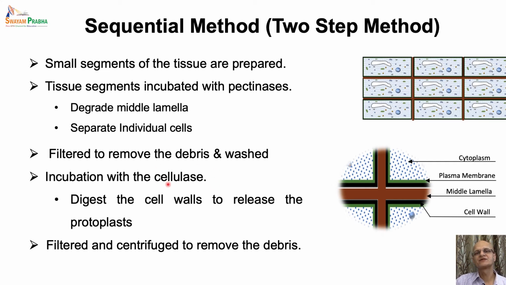In this step, cellulases will digest the actual cell walls and release the protoplast into the media. Again, the solution is filtered to remove the debris and washed. So in this way, pectinases and cellulases are used one after another in a sequential manner, and hence the method is called the sequential digestion method or two-step method.